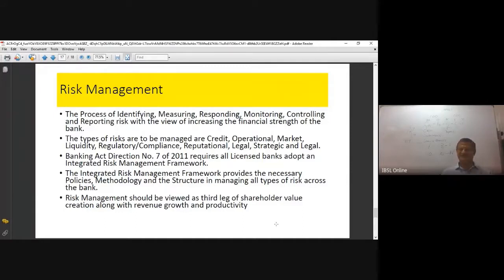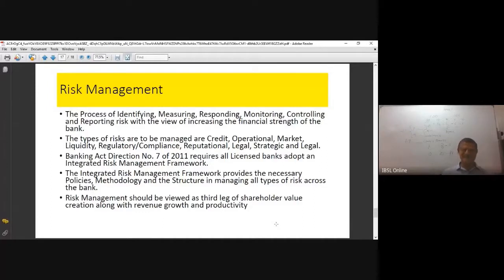Management is planning, organizing, using the resources available, and trying to achieve objectives. In banking, it's profit. So you use customer deposits, you have loans and advances to grant, you have a process to follow. When you do that process properly, your profits will accrue and you will get your bonuses and salaries.